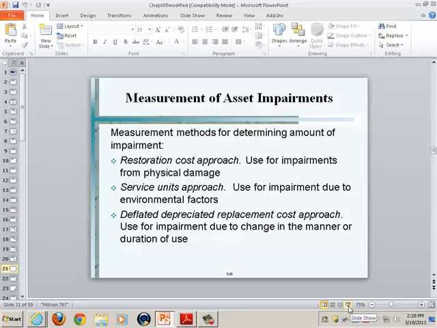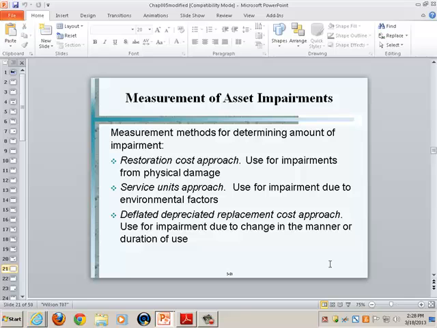By the way, there's another question as to using the deflated, depreciated replacement cost approach. Very poor term, confuses people. But basically, you have a building, not a brand new building, and it got destroyed. The question is, you go buy another building. Can you compare the new building with the old building that you had?